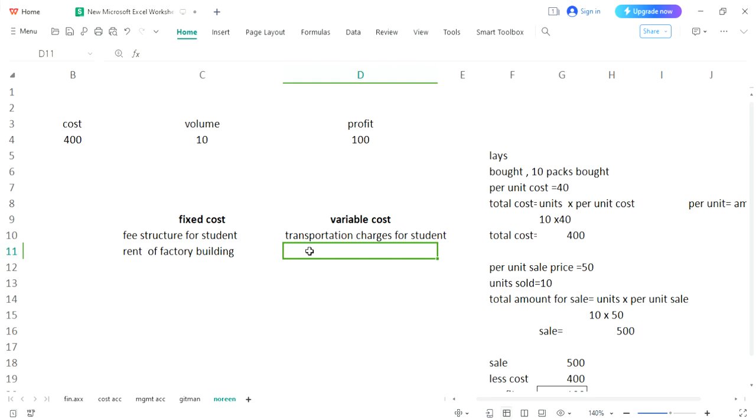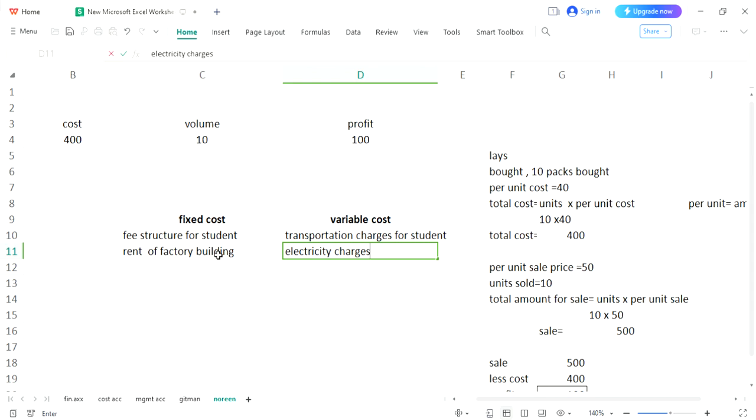And transportation charges for the student are variable; let me know some of the expenses in the factory building you are making, and they are variable. You can call it electricity charges. You can understand, if you work for 4 hours, the electricity bill would be different than when you are working for 8 hours.